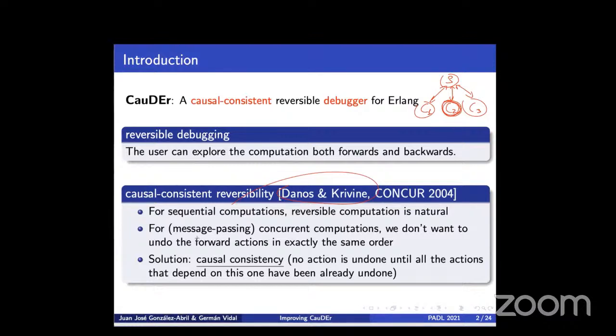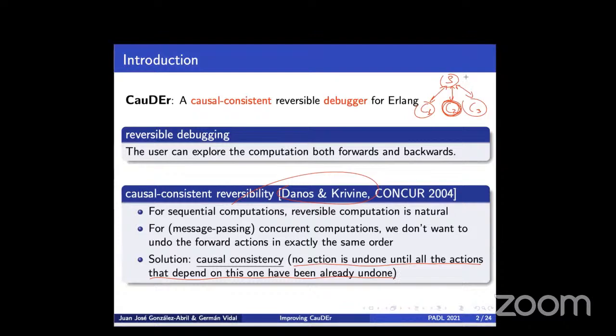And causal consistent means that we cannot undo any action until all the actions that depend on this one have been previously undone. I think this is quite an intuitive idea. It means that we cannot undo the sending of a message until the reception of this message has been undone, or we cannot undo the spawning of a new process until all the actions of this process have been undone.